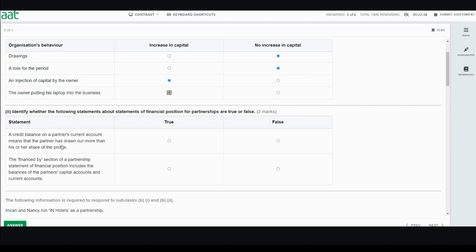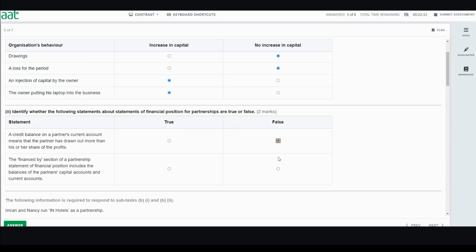If they've got a credit balance, the company owes them money. It's a credit balance, so the business owes them money. So that's got to be false.